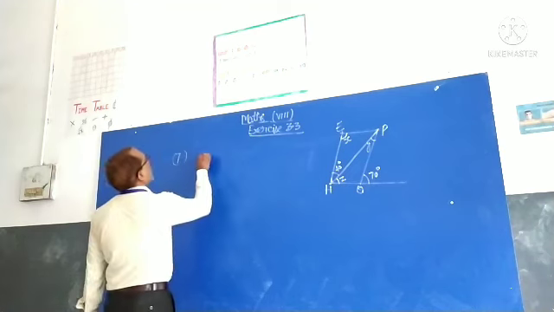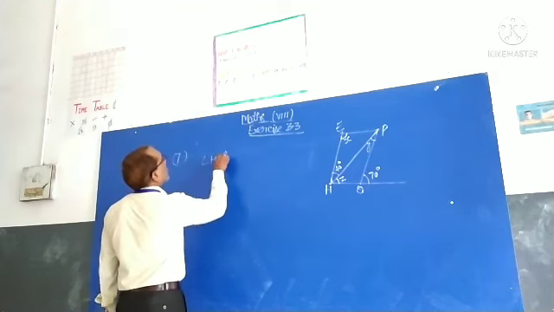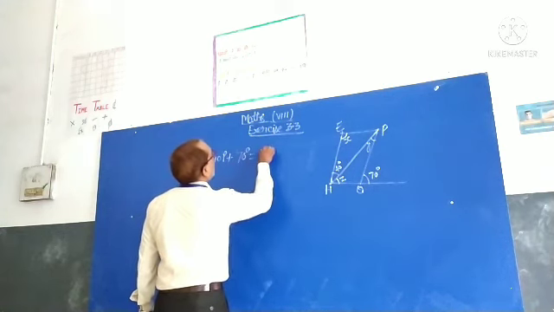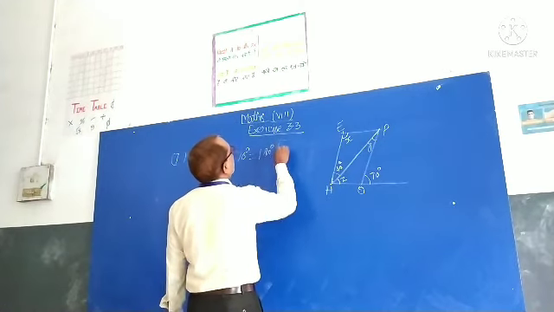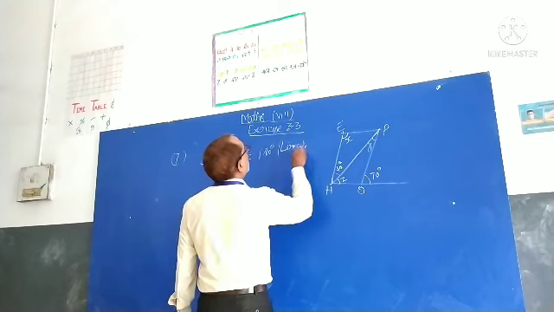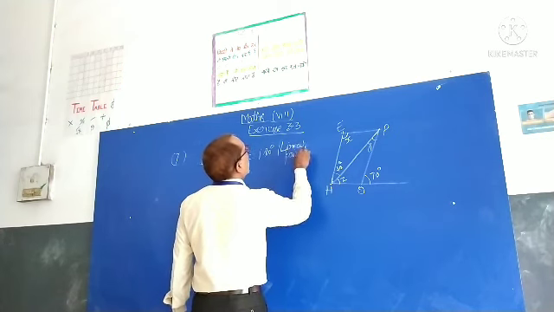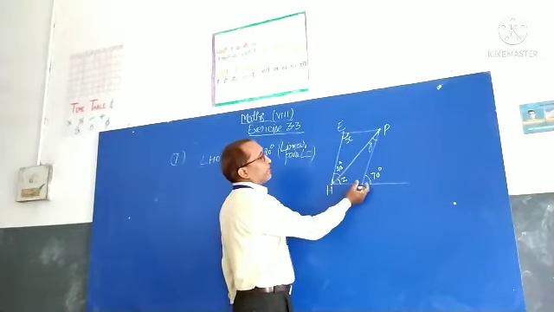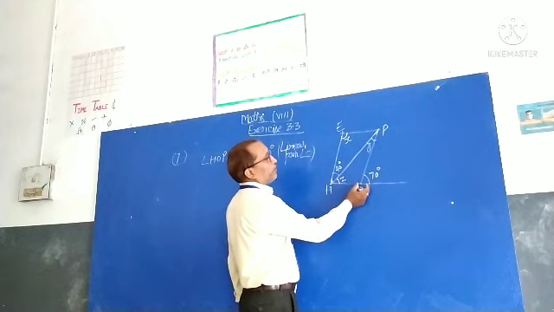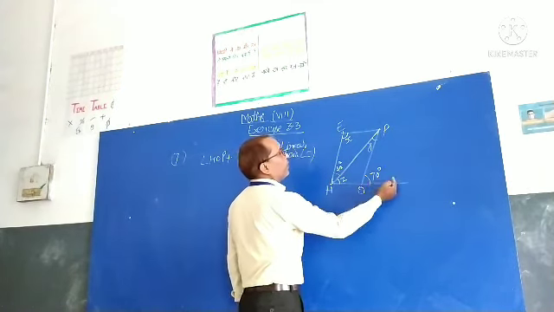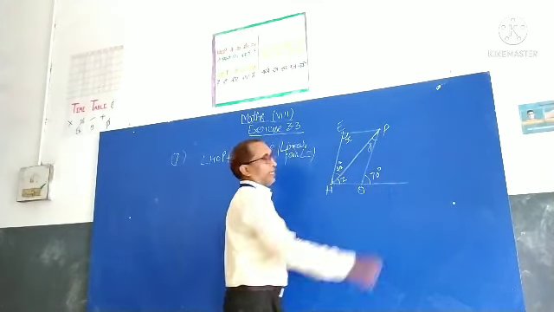Angle HOP plus 70 degrees is equal to 180 degrees, adjacent linear pair angle, by the property of linear pair angle, because here is a straight line formed by two angles HOP and the 70 degree angle.